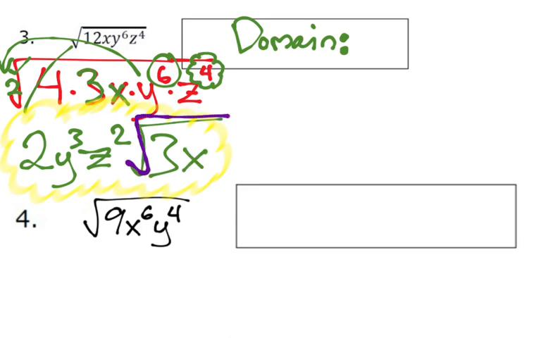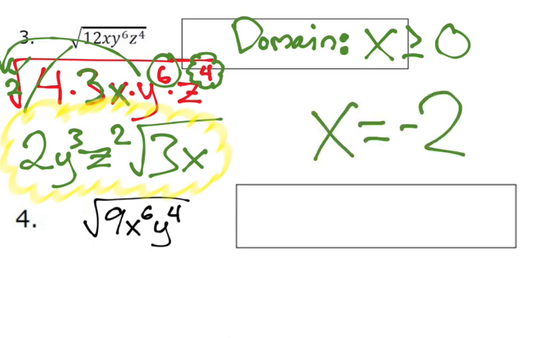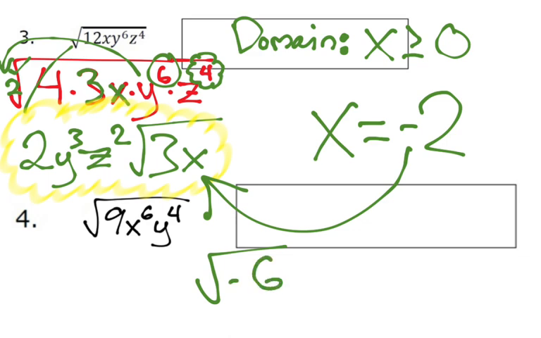And that x, since it is under the square root sign, has to be greater than or equal to 0, because if x were, let's say, equal to -2, then if you were to plug -2 into that radical, 3 times -2 is -6, and you are not able to take the square root of -6 in the real number system.